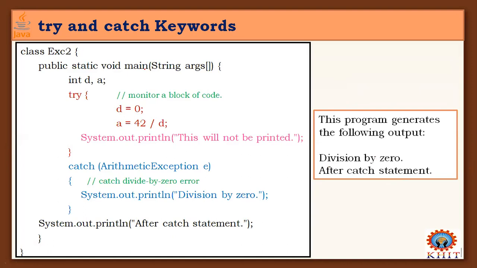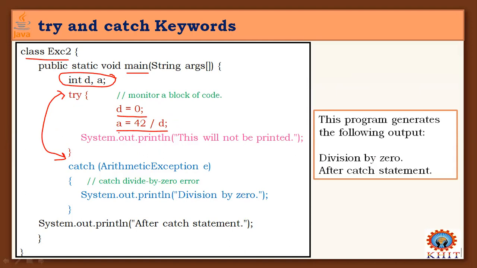Coming to the example program here, consider a class Exception2, and it is a main class. Inside this main class, I have taken two integer variables, d and a. The try block I have defined here because I have a doubt that exceptions may be generated in my code when d equals 0 and a equals 42 by d.